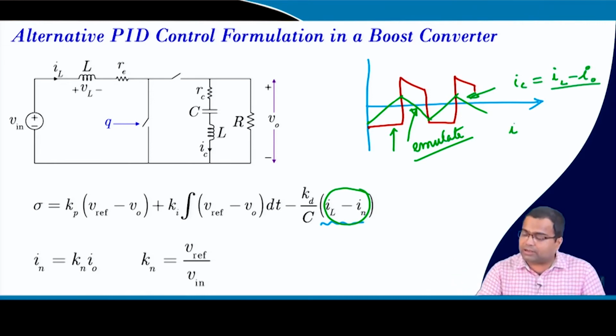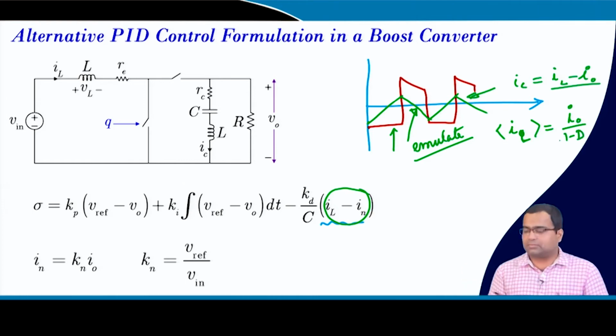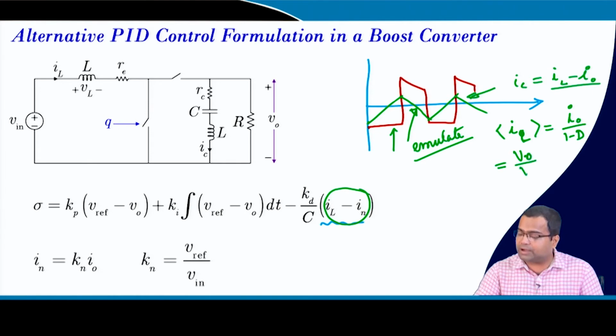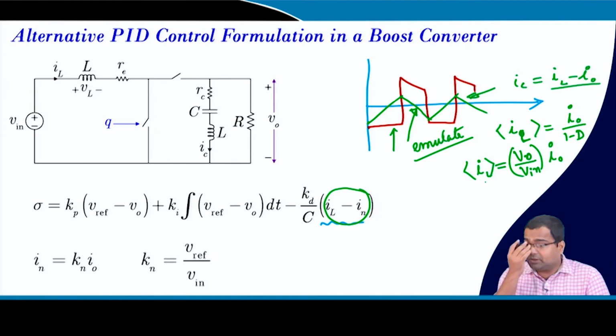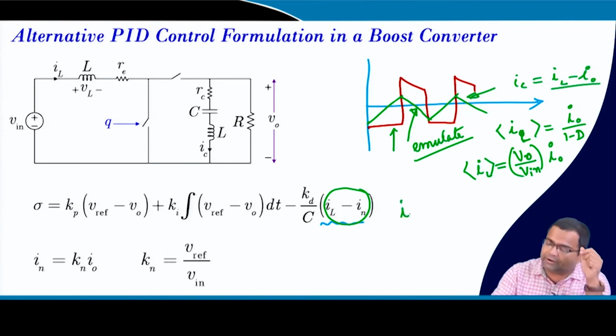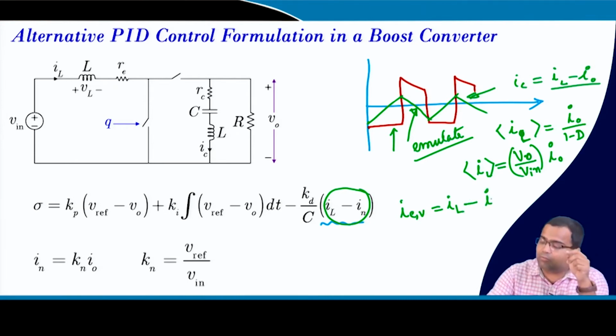But in a boost converter, the average IL is nothing but I0 by 1 minus D, and 1 minus D is your output voltage by input voltage times load current; that is my IL average. So, suppose we create a virtual capacitor current by means of inductor current minus the normalized load current.